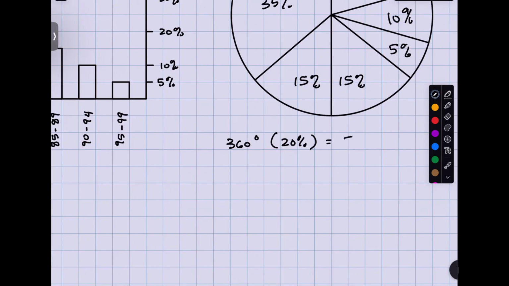So that would be 72 degrees. You would do that for all of them, and then what you would do is create a line, and then measure the 72 degrees from that.